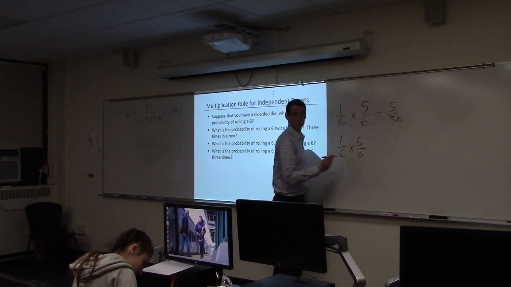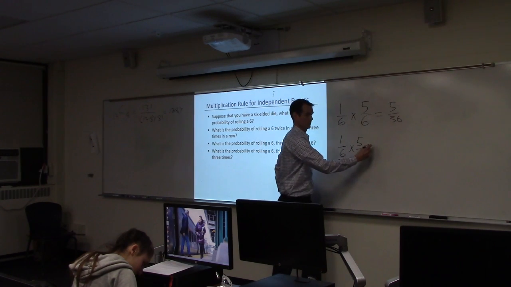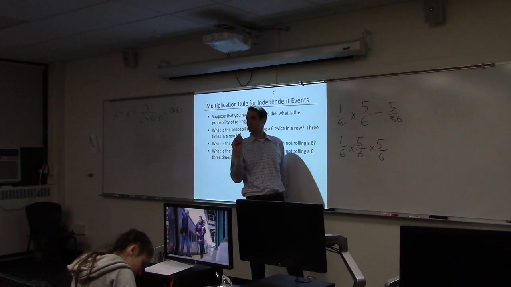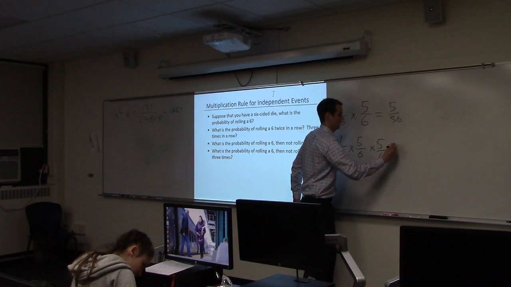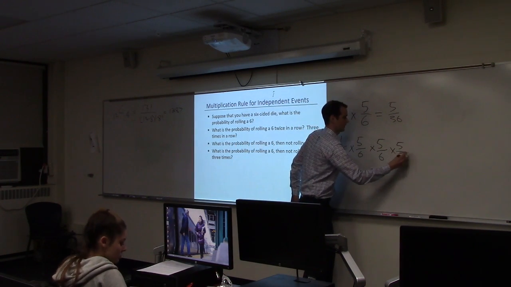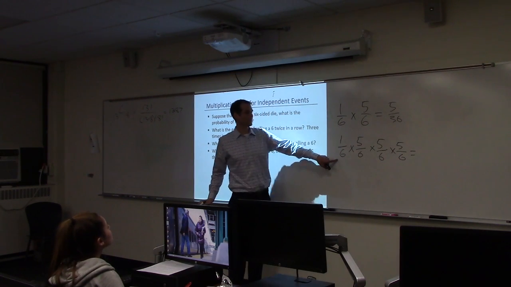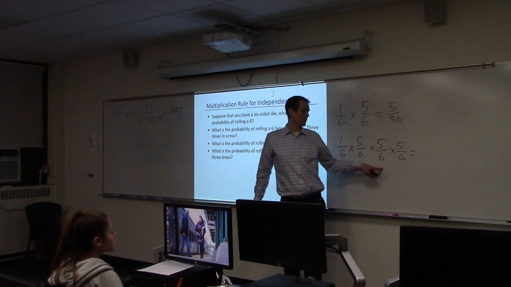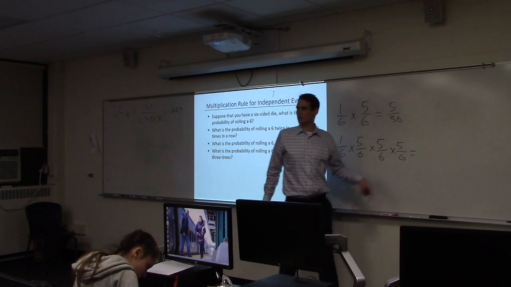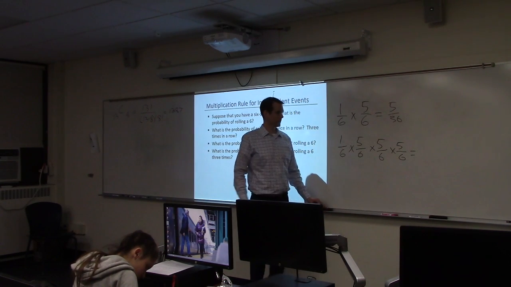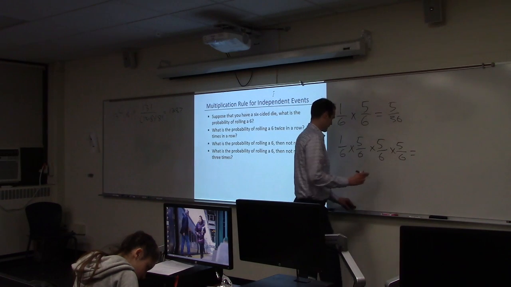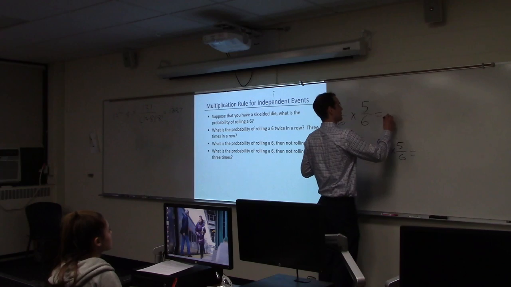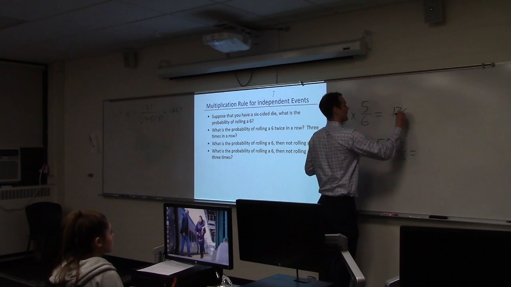It would be 5 over 6 and 5 over 6. Yes, that is correct. So the first time, probability of rolling a 6, not rolling a 6, not rolling a 6, not rolling a 6. 125 over 1296. Can somebody give me a decimal for these? This is 0.138.